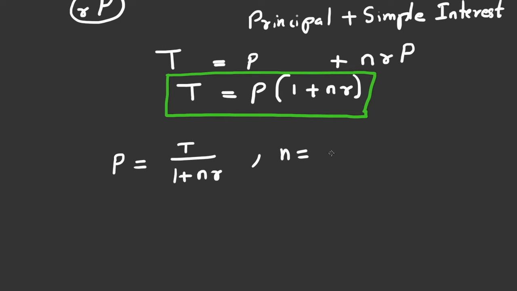N is equal to T minus P divided by PR, and R is equal to T minus P divided by Pn.